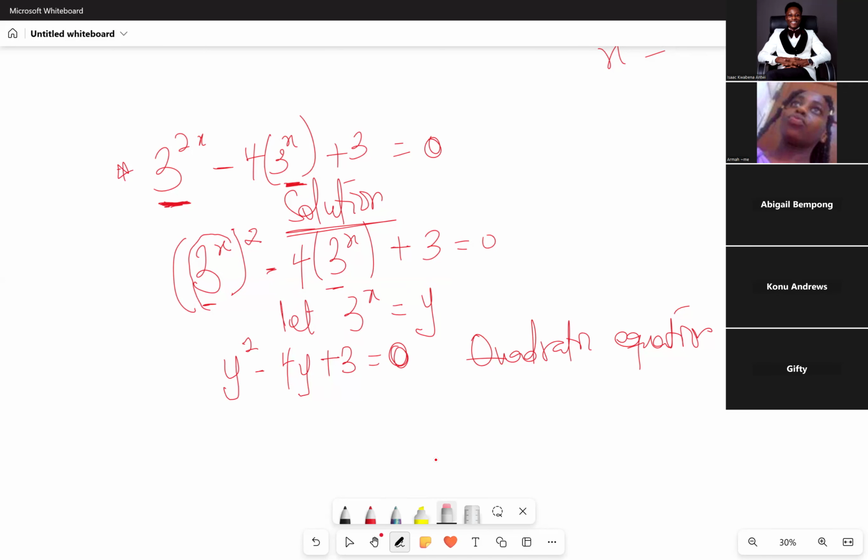I remember back in high school during the mock exam, we didn't get some of these concepts properly. So I solved and arrived at this. I was trying to group the variables. If it was y minus 4y plus 3 equals 0, I could have solved that: that would be minus 3y, then I push the 3 across the equal sign to be minus 3.